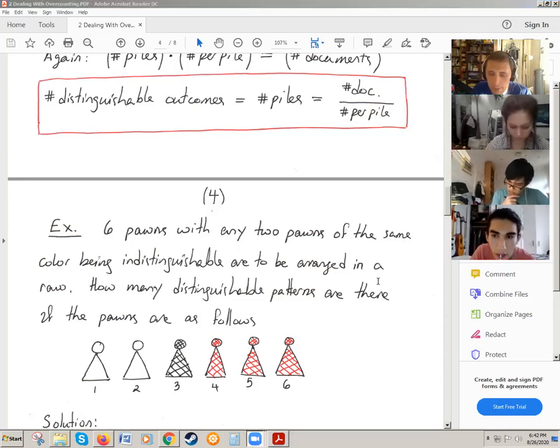So the total number of... very, very careful. Yeah, so what I want is the total number of patterns, right?